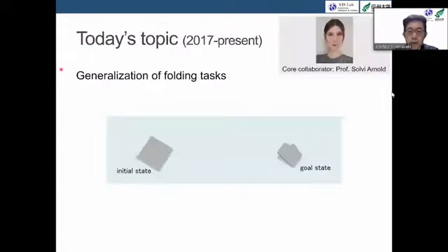Okay, from here, I start the main topic of this talk. Introduced at top right is my colleague, Professor Sophie Arnold, who plays a central role in this work. First, we conceptualize the cloth-folding task as shown in this figure.